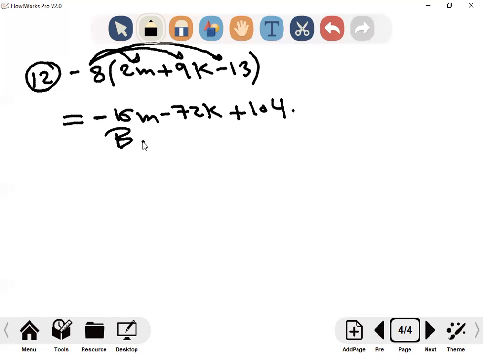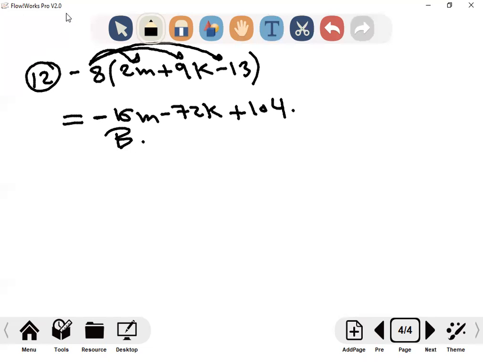This is question 12. Type. Question 11. We have a table, right?